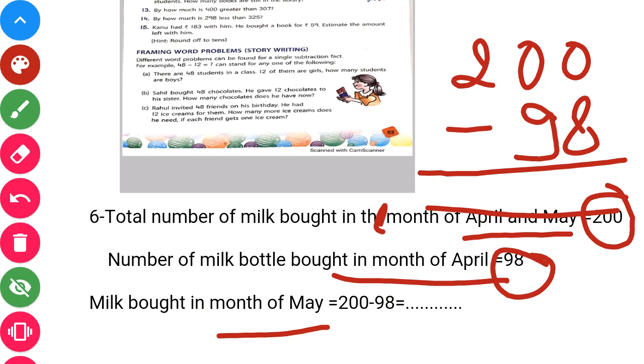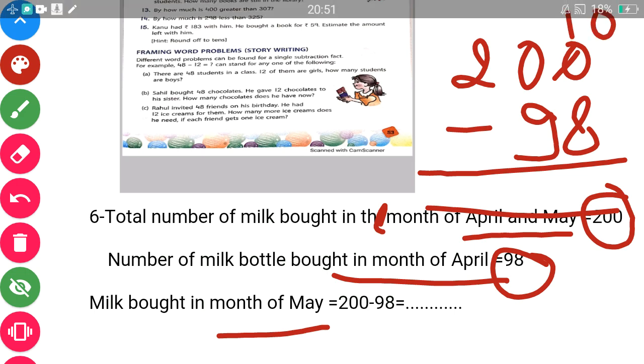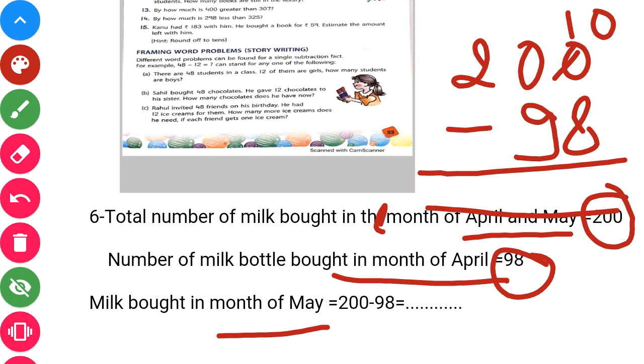Again, on tens place 0 is there. So we will go to hundreds place and from there we get a borrow. So this 0 at ones place will become 10. Now this 0 at tens place will become 9.